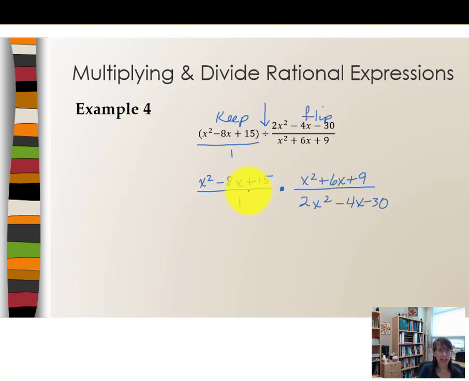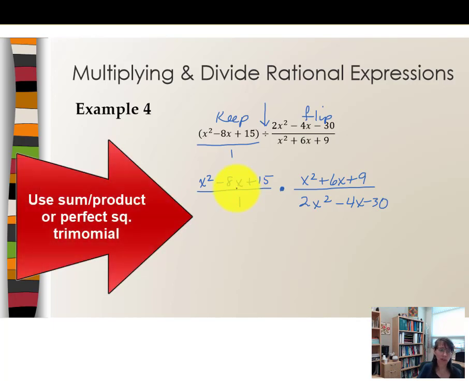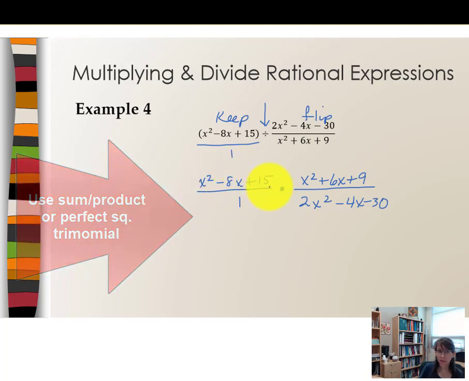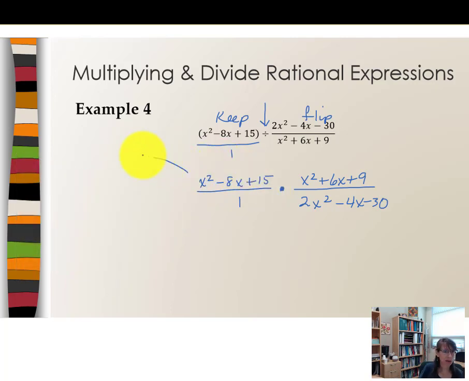Now this isn't quite as quick as greatest common factor. We have trinomials here, so either we're hoping we have some perfect square trinomials or we'll have to use sum and product. So x squared, that's a perfect square. Unfortunately 15 is not. So over here I'm going to go ahead and do sum and product for this trinomial. In the middle, negative 8 is the sum.